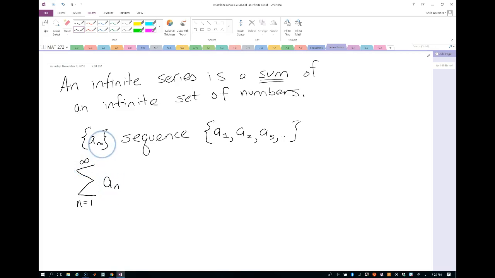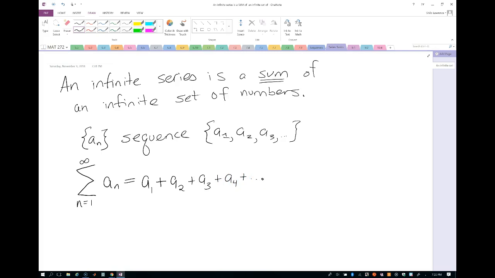So the a sub n is just how we generate the list of numbers that we're going to add together. So if we start with n equals 1, we get a sub 1. The difference now that makes this not a sequence is we're going to add to it the next term, which is a sub 2, and add the next term, which is a sub 3, add the next term. And we're going to do this forever.